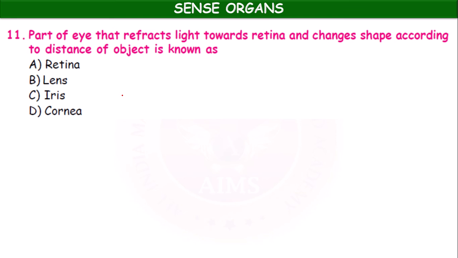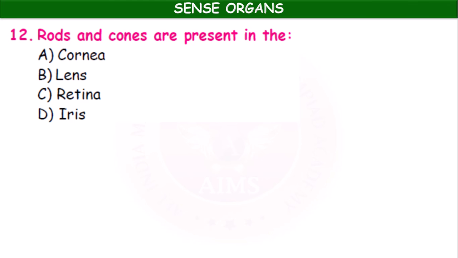The part of the eye that refracts light towards the retina and changes shape according to the distance of the object is known as retina, lens, iris, cornea. It is the lens. Rods and cones are present in the cornea, lens, retina, iris.